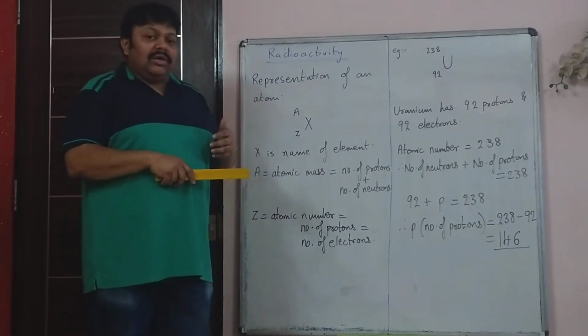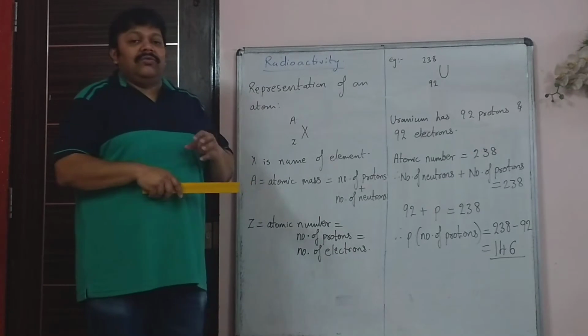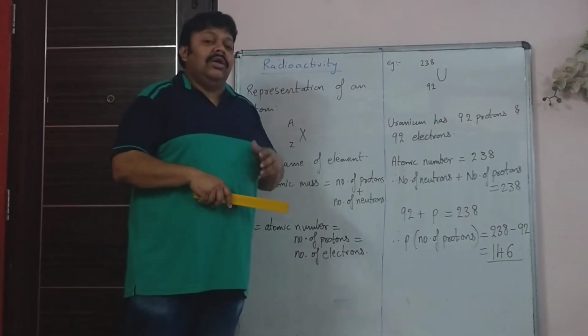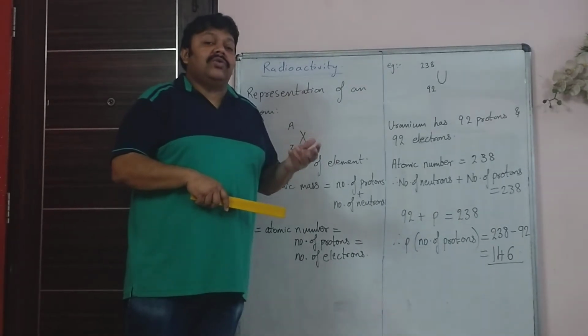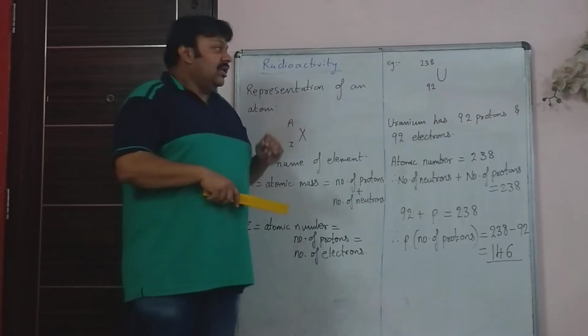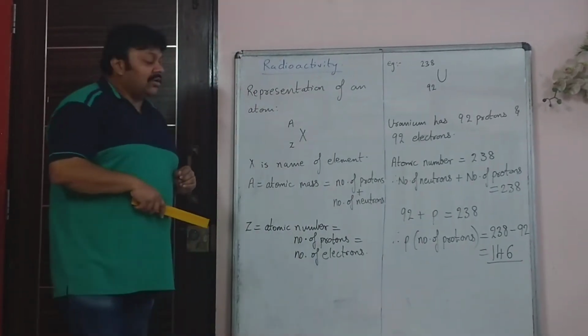How does the number of protons and neutrons change? All that we will be learning in this chapter, along with the uses of radioactivity and what precautions you have to take when you use radioactive elements.